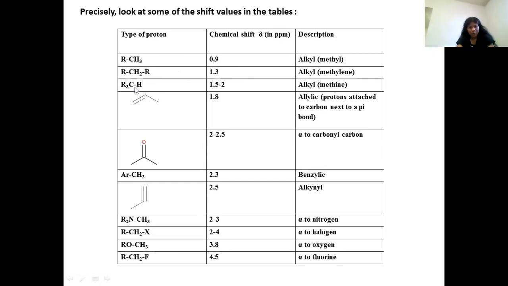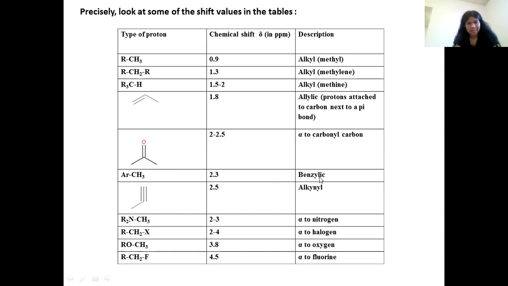For allylic protons, the protons attached to the carbon next to a pi bond, it will have a chemical shift value of 1.8. Protons attached to a carbon with a carbonyl group will have a chemical shift value around 2.